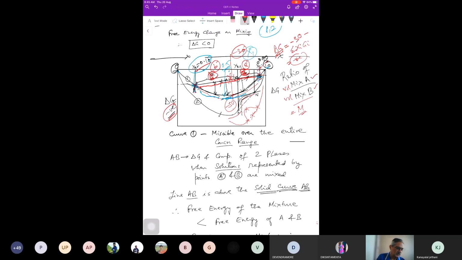So if I take any two compositions between this and this and mix them together, delta G is going to be more negative here. Here less negative, here more negative. So delta G is going to be positive for this kind of system.